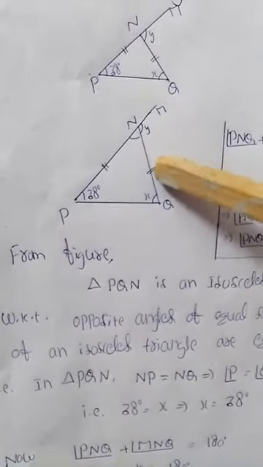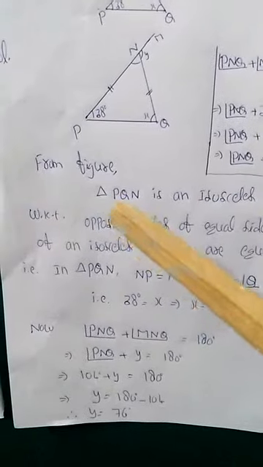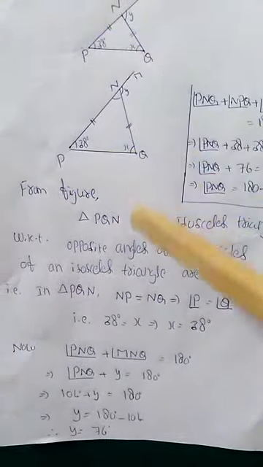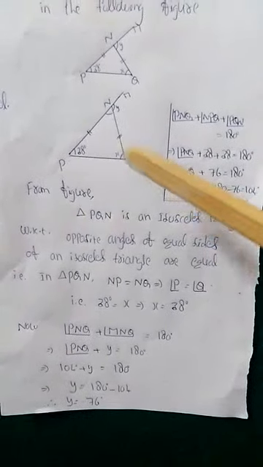Okay, coming to the solution. Draw the rough figure, what is given. Now from this figure, what we can say, it is a triangle. Triangle PQN is an isosceles triangle, we can say. Why? Because two sides are equal.